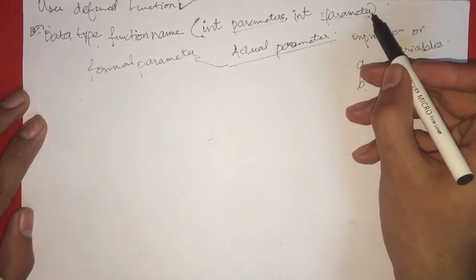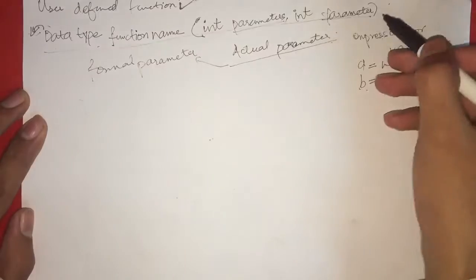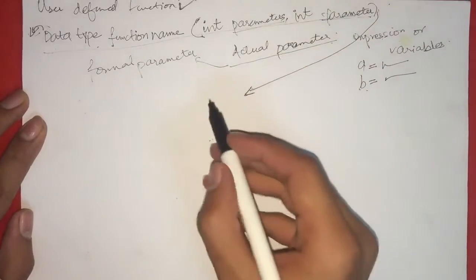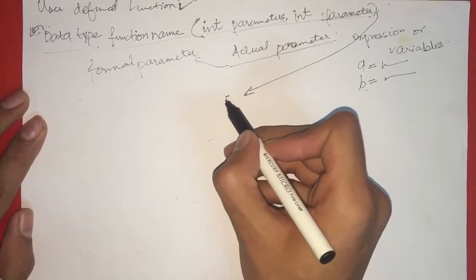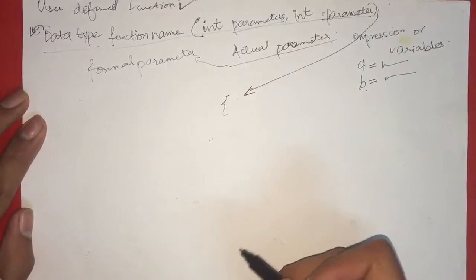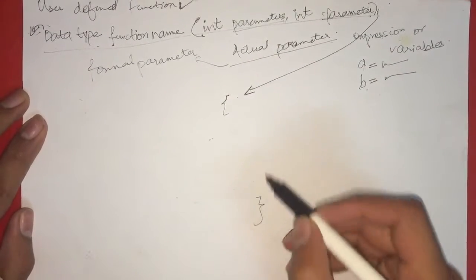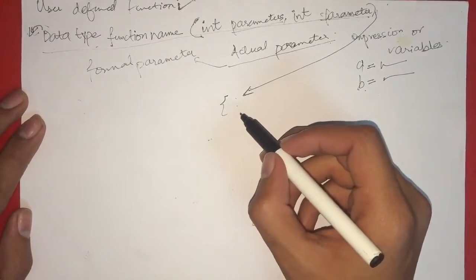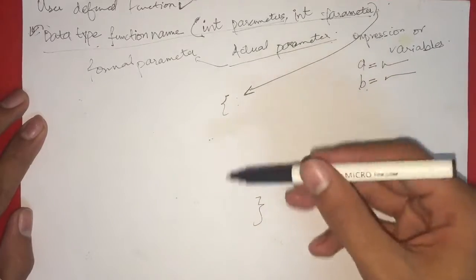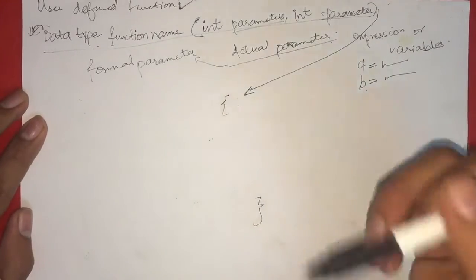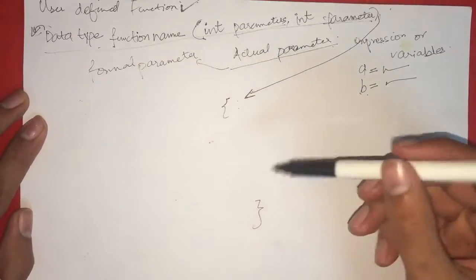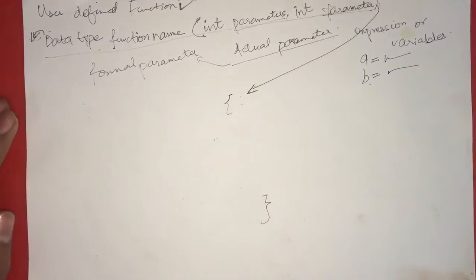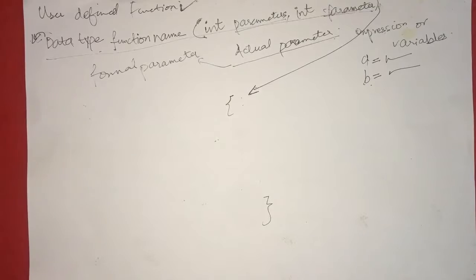So this was the function heading. After that there is a function body. You put an opening brace and a closing brace, and here you write all the necessary code you want this function to perform, because you make functions to do specific tasks.